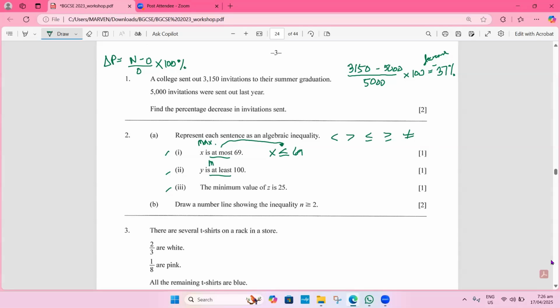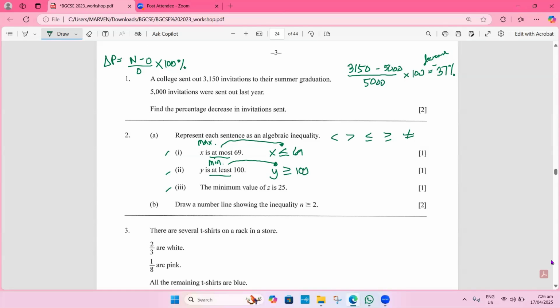How about at least? It means the minimum. It is the lowest possible value. And at least is translated into symbol as greater than or equal. So y is at least 100.